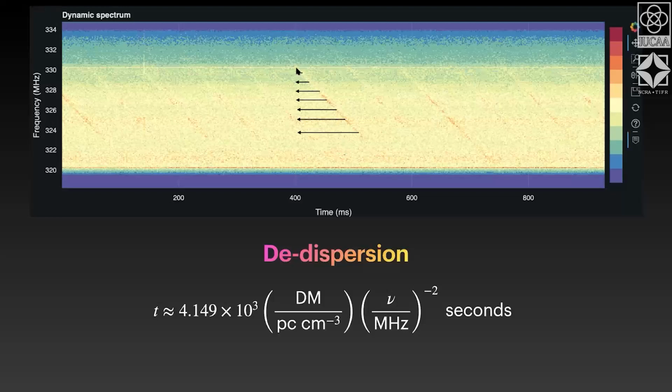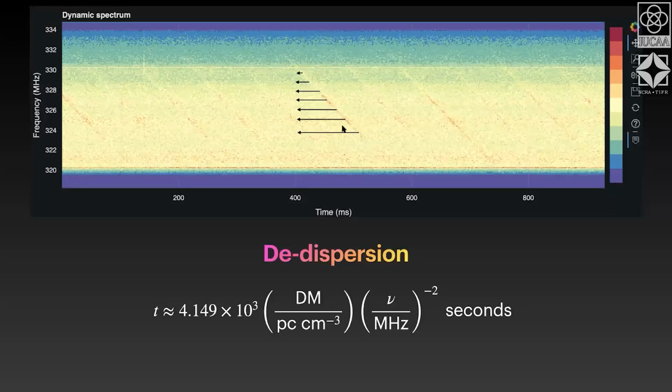So either you can pick a high enough frequency in the band itself, and then calculate, for a given approximate calculated DM, what is the expected delay at lower frequencies.